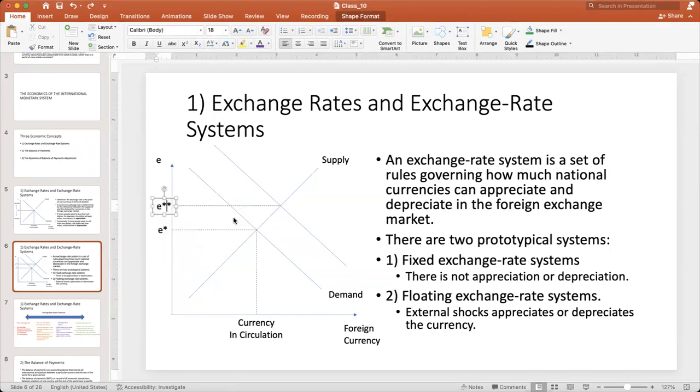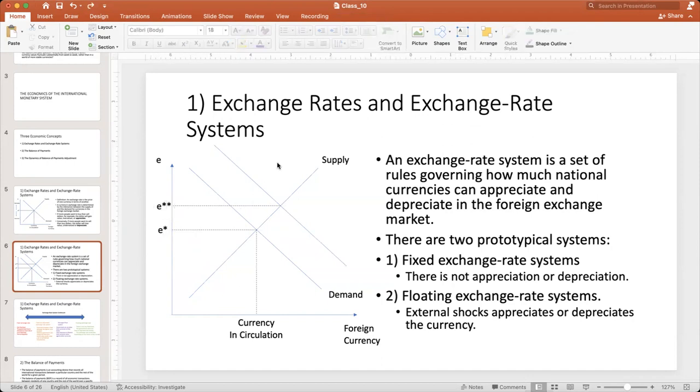But in this case, the national monetary institution, which we're going to name later on, the institution that controls the monetary policy in the country, doesn't have to intervene to return this price to a fixed level.